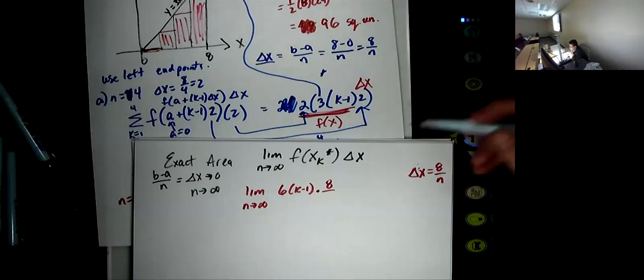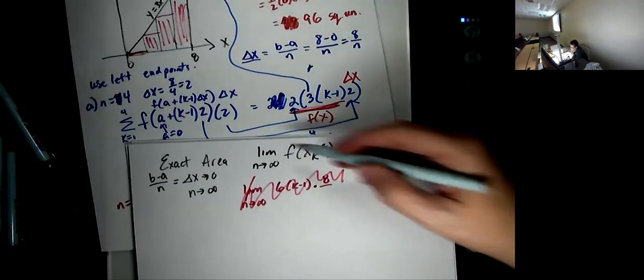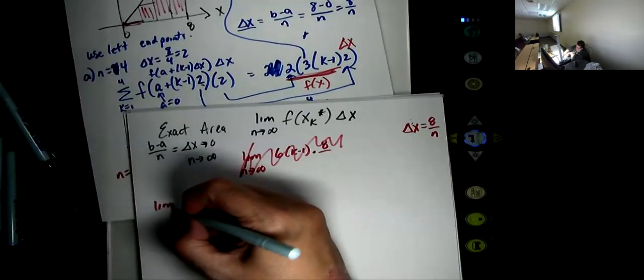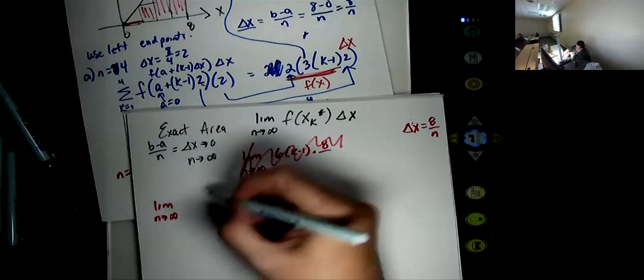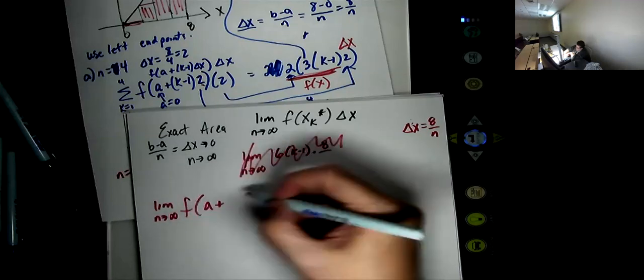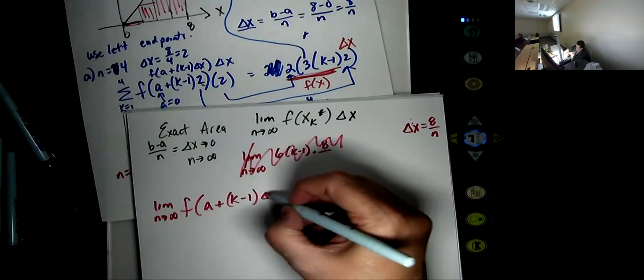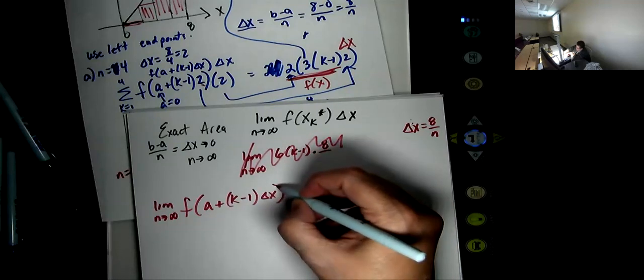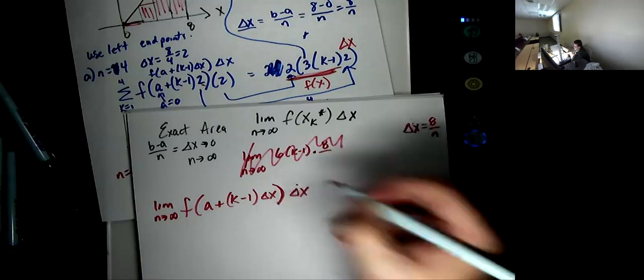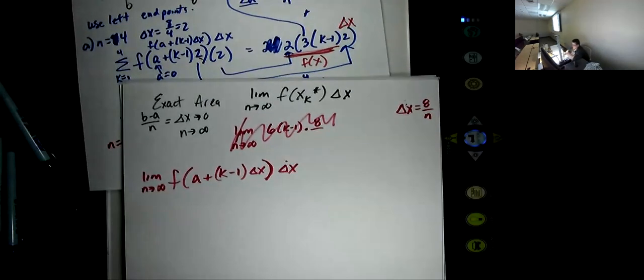Oh wait, no, back up. Because that 2 was also 8 over n. Let's go back to the beginning. Limit as n goes to infinity, f of a plus k minus 1 times delta x. That's the full equation. I jumped the gun here, I went a little hasty.